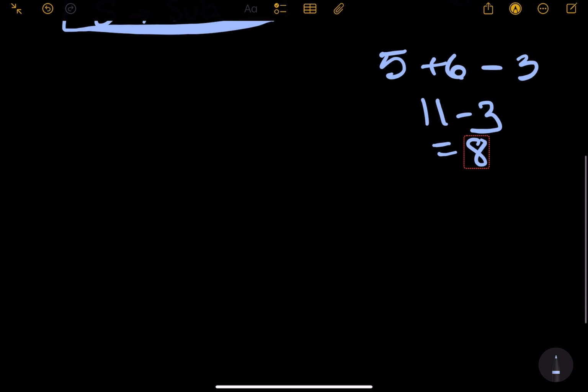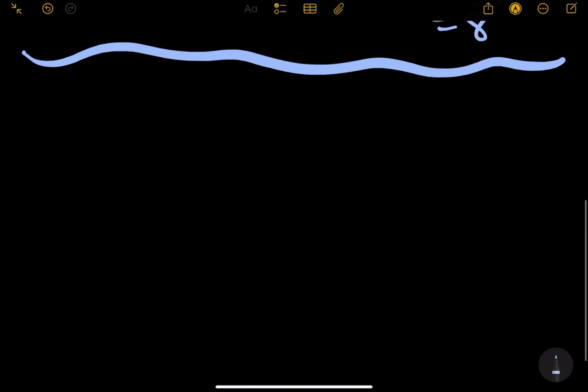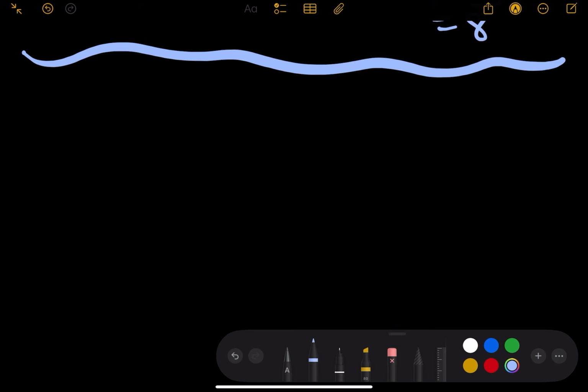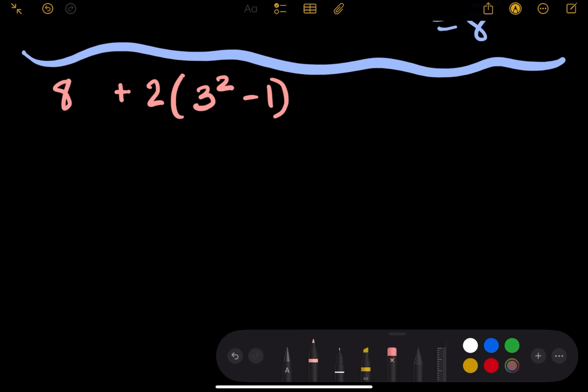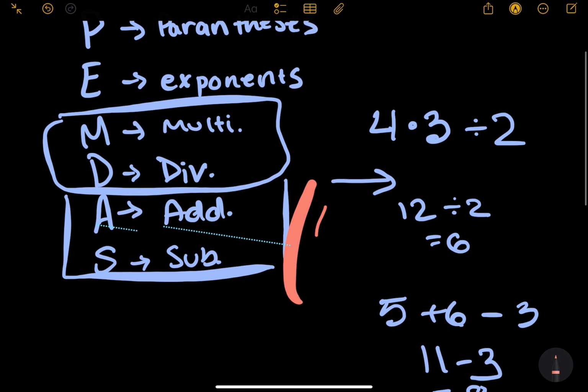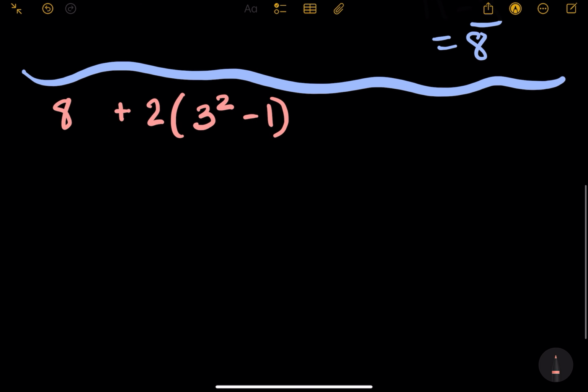So now let's head into some expressions, and we will use them as examples. Let's say we are given the expression, let's do red, 8 plus 2 times 3 squared minus 1. We're going to go in order. First we go inside the parentheses and simplify everything in there.